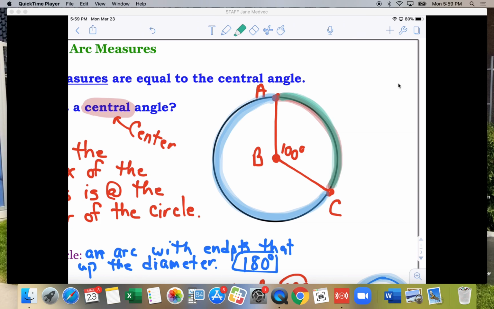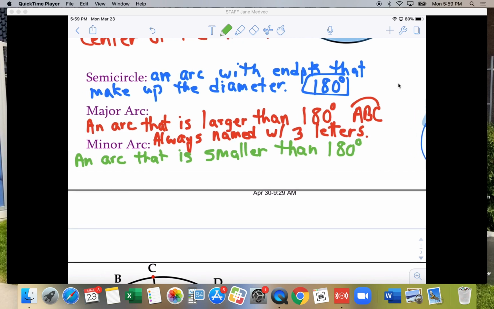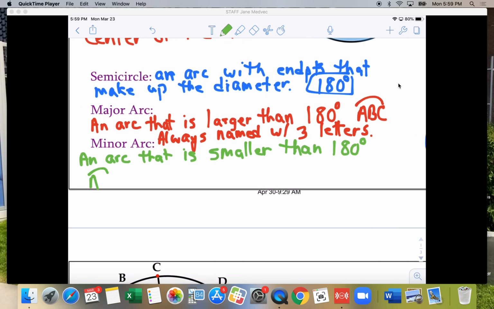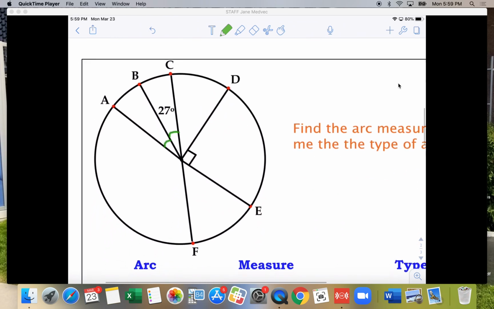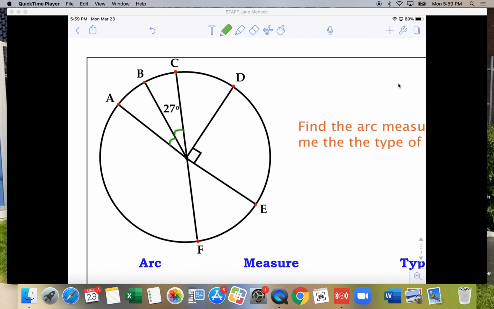It's named with 2 letters, so this would be arc AC, always named with 2 letters. You're going to notice that it has a little arc symbol over the top. So it's not an angle, it's an arc. All right, let's keep going and look at a few of these. This is going to make a little more sense as we go through it.